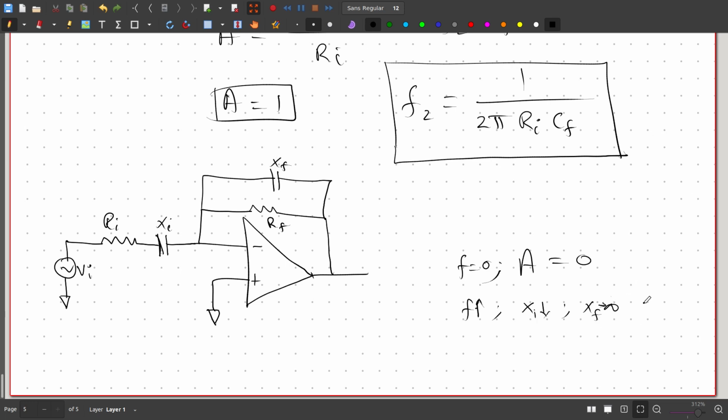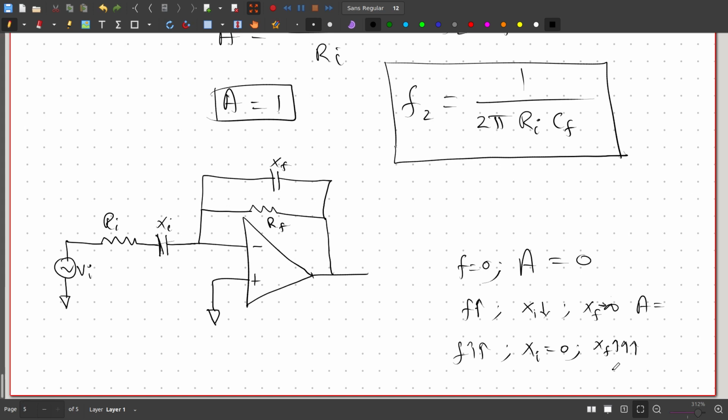Therefore at that stage and as the frequency is further increased, the amplitude becomes, this Xi is completely conductive, therefore it's a direct connection, and this is an open circuit. And with further increase in frequency, Xi equals 0, there is no gap, it is directly connected, and still XF is a very large value.